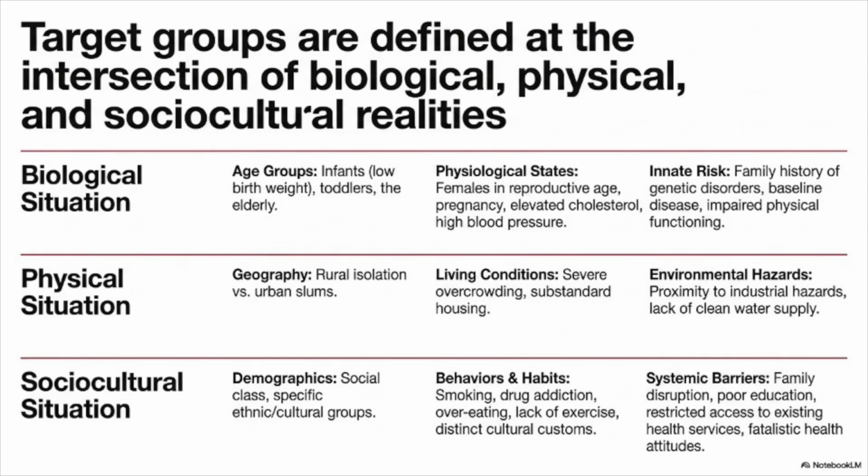Sociocultural factors include low socioeconomic status, certain ethnic groups, smoking, alcohol and drug abuse, unhealthy lifestyles, poor education, limited access to healthcare, and harmful cultural practices. Identifying these vulnerable groups allows healthcare workers to prioritize preventive services and reduce disease burden in the community.